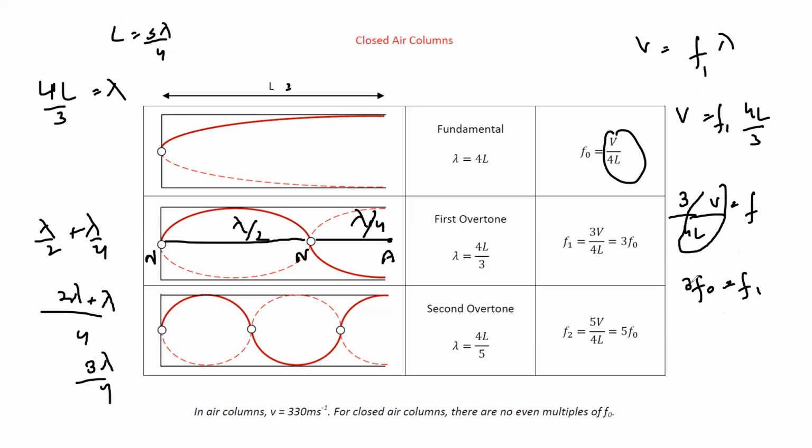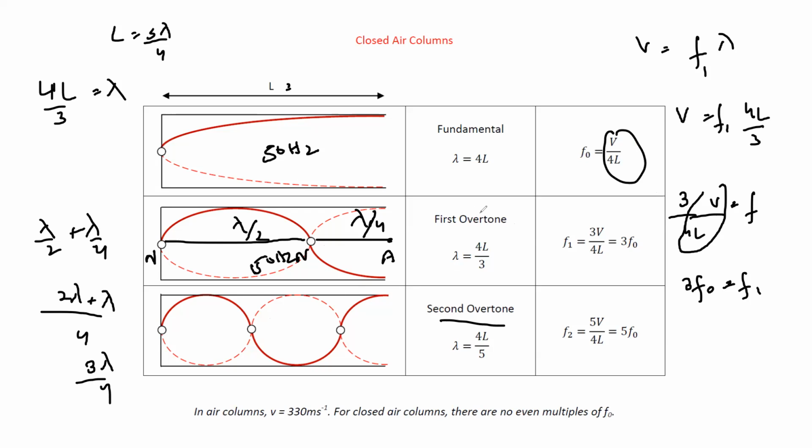What does it mean? It means that if originally it was vibrating at 50 hertz, for the first overtone the frequency of vibration will be 3 times, so it will be 150 hertz. If it is vibrating in 2 loops, the second overtone or third harmonic, then the frequency will be 5 times.